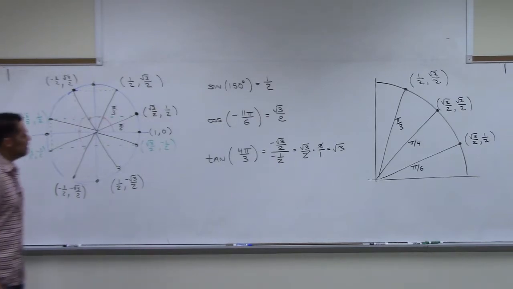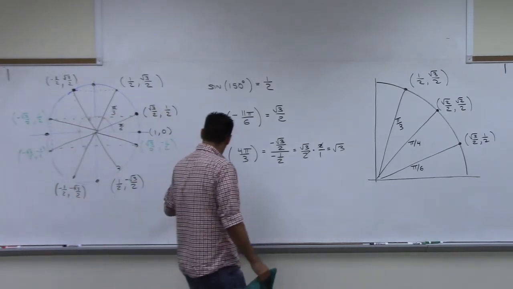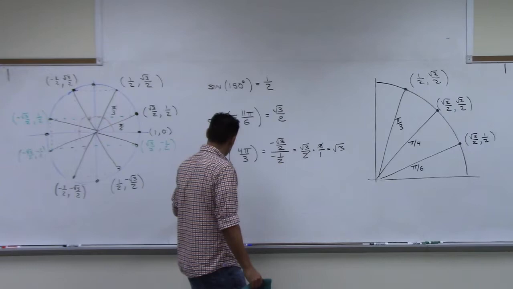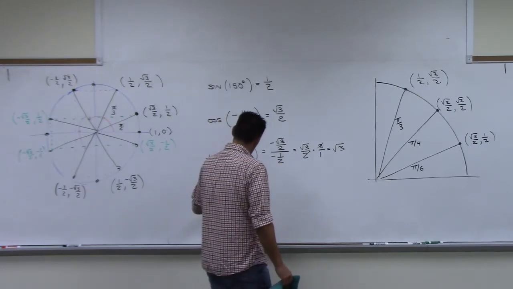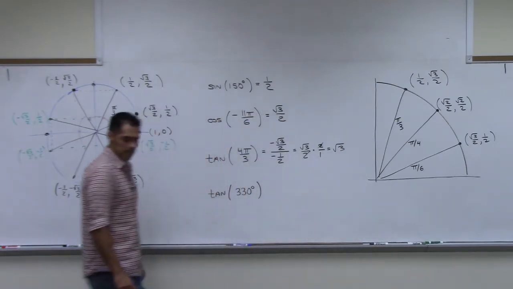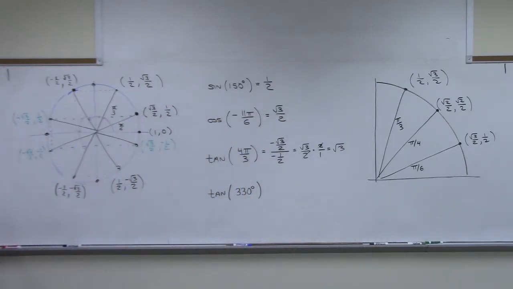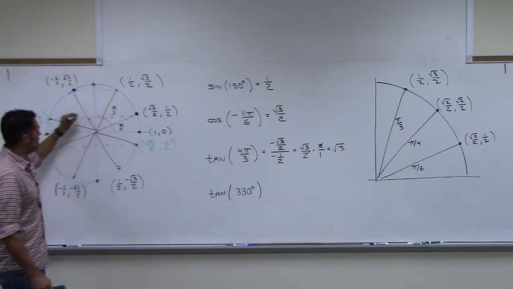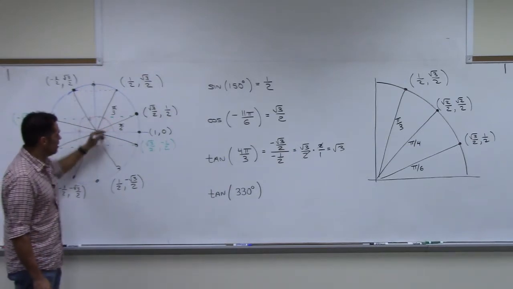All right, let's try something else. How about tangent of 330 degrees? So that's almost 360, right? It's almost all the way around, but you have to come back 30 degrees, so it'll be right here.